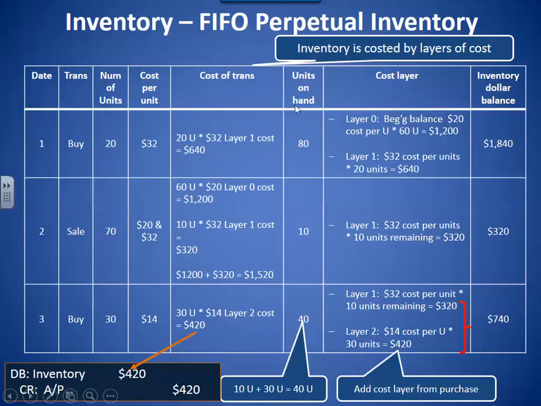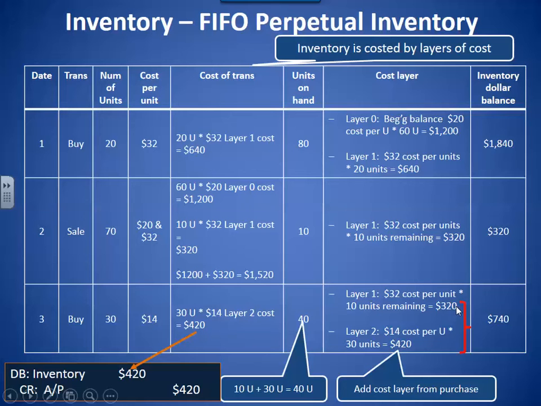And you will see the units on hand started at 10 units on hand. Now we added those additional 30 units, so now we have 40 units on hand. In layer 1, we still have 10 units remaining at $32 a unit for $320.